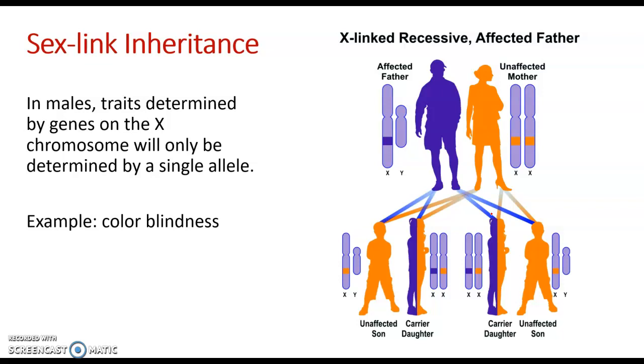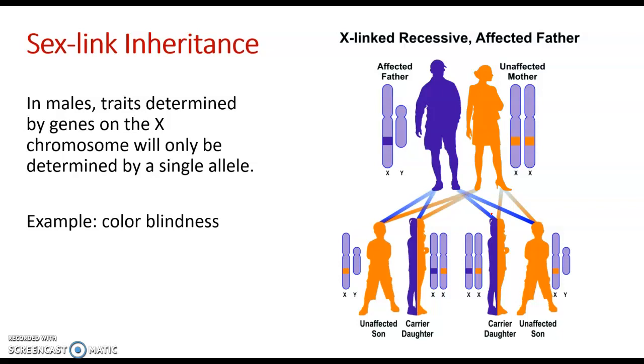Other kind of oddball examples would include genes that are considered sex-linked. So these are going to be genes that are housed primarily on the X chromosome, and they're considered sex-linked because in males, traits that are determined by genes on the X chromosome can only be determined by that single allele because they're only going to have one copy of it.